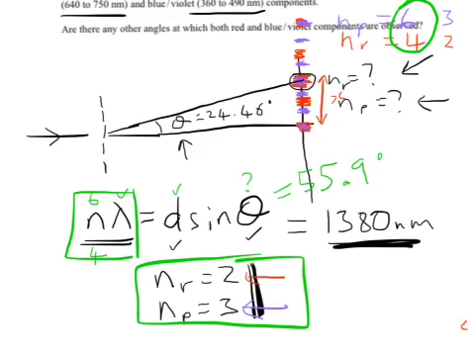That's within the 90 degree range, so that's the other angle we're looking for, at which both blue and red occur in the same location.